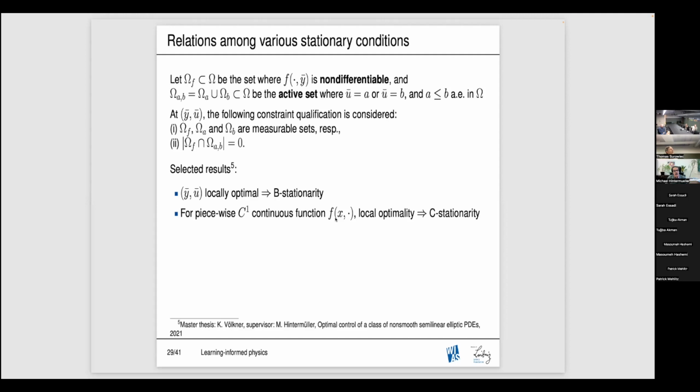If you have a piecewise C1 and globally continuous function f, which for instance is relevant in the ReLU case, because remember ReLU comes along by f finally transforming and then taking the max, which gives rise to a piecewise C1 function ultimately. If you have such a structure and local optimality, you end up with C stationarity.